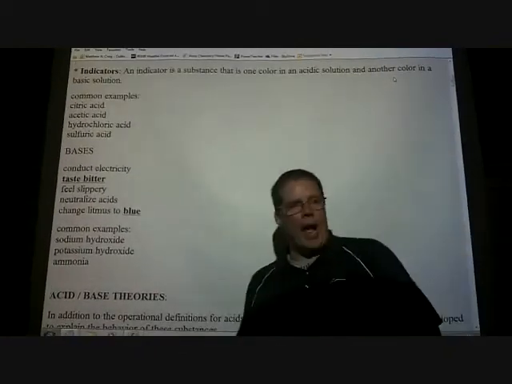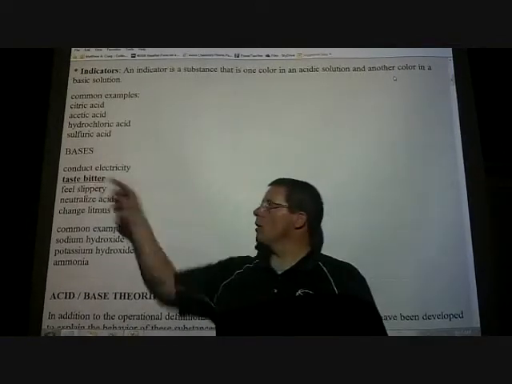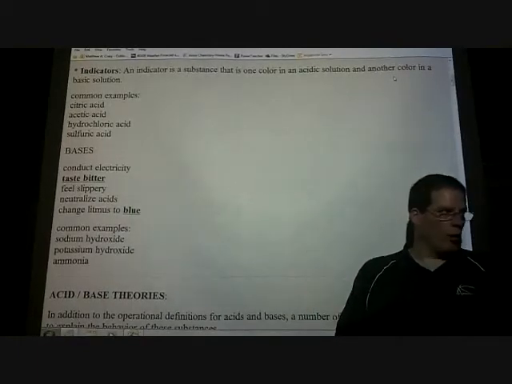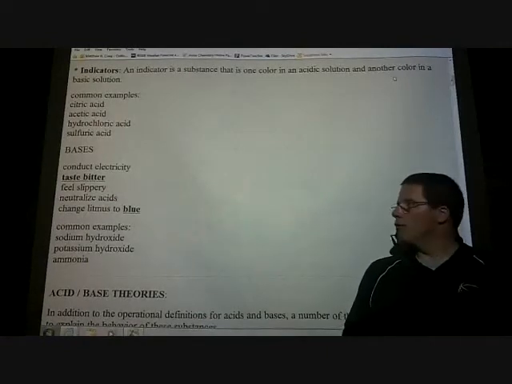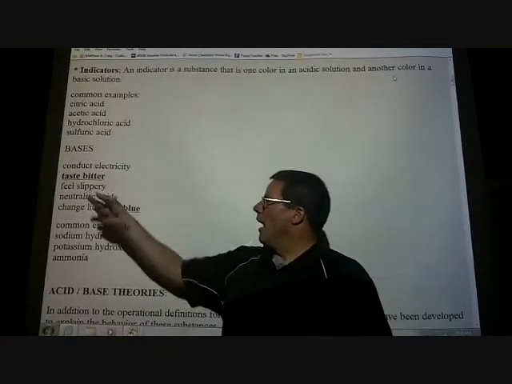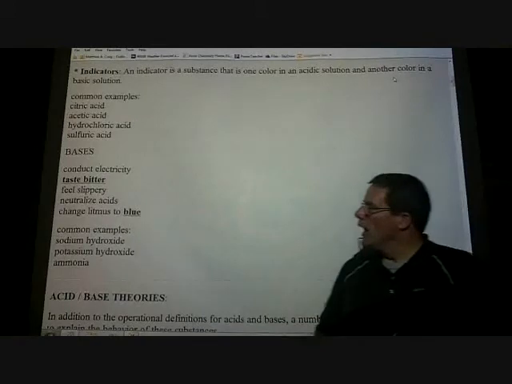Bases, very similar to acids in that they do conduct electricity. However, these taste bitter. In other words, if you've ever had your mouth washed out with soap, soap is a base and it tastes bitter. I don't know if parents do that anymore. I just take the iPad away. But bases feel slippery. Soaps feel slippery when wet.